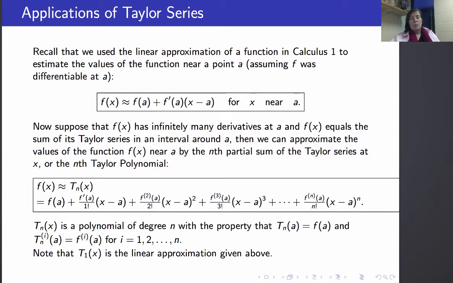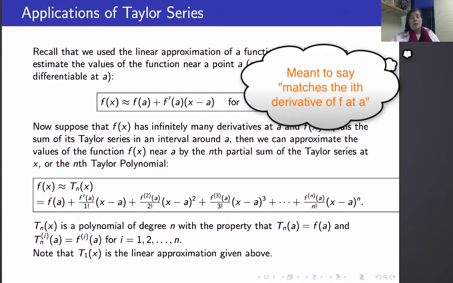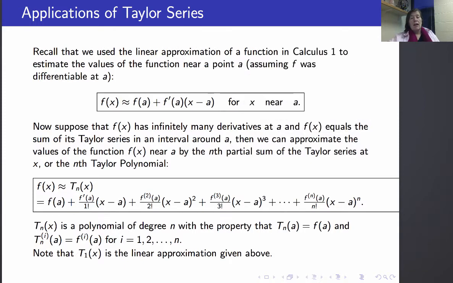Furthermore, it has the property that Tn(a) equals f(a), and also the ith derivative of this Taylor polynomial at a matches the ith derivative of f at a for i values between 1 and n.